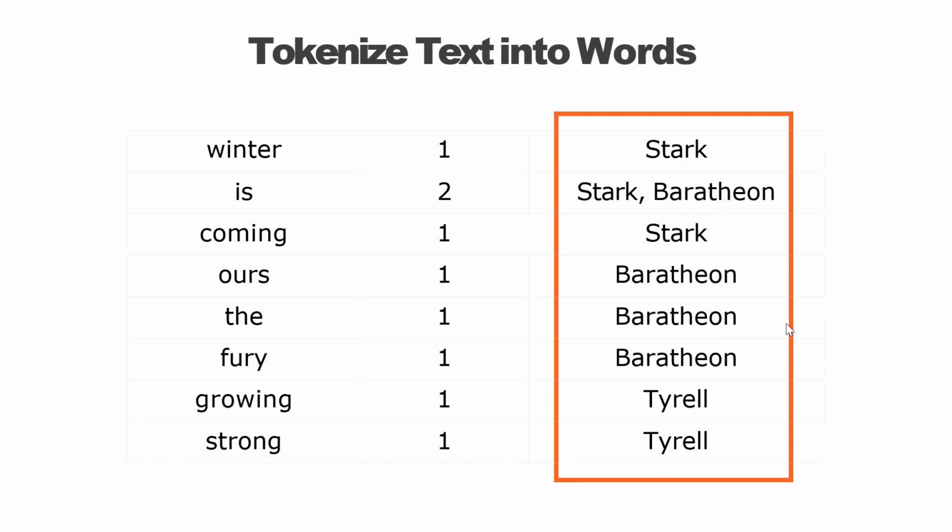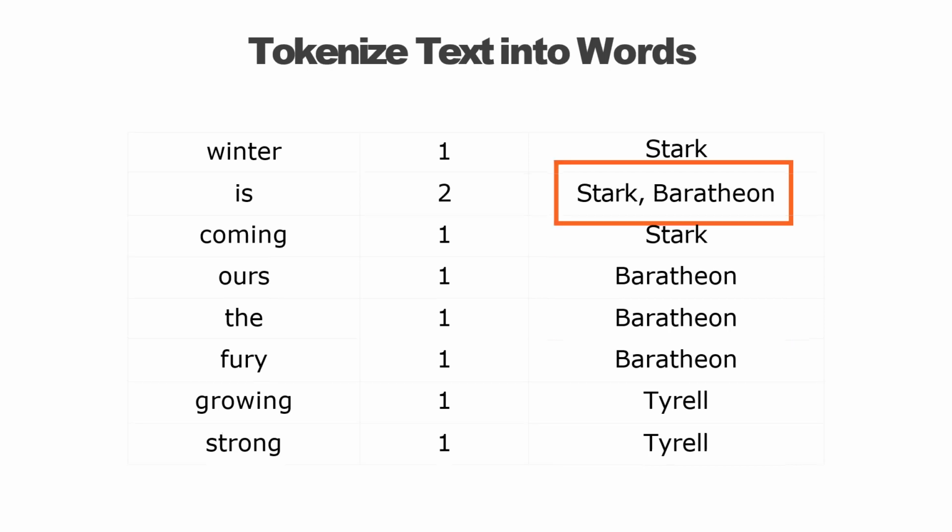So when I search winter, what document should I get? First one, Stark. Not the one that is the occurrence, I'm saying the document. Yes, the first one. And when I search ours, I should get Baratheon, like that.